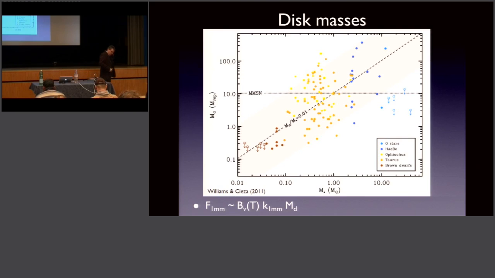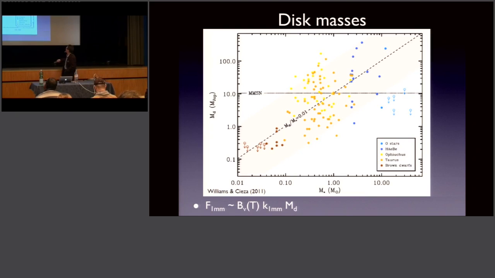So if you make a strong assumption that you have a typical temperature for this emitting dust, and you assume that you know the opacity, then you can convert directly your observations into a mass of dust. And this is what is typically done. This is mass of dust, so I'm not yet converting into the total disk mass. I'm not yet converting with the gas to dust ratio, okay?